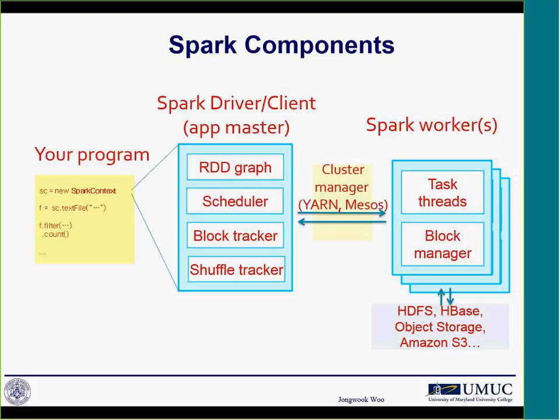And Spark workers are composed of the task thread and block manager. Task thread is to make your job run on this server, and block manager is actually to manage the file system.